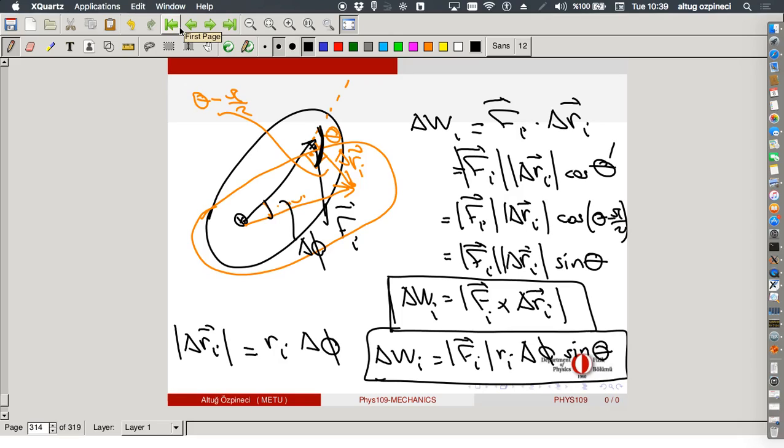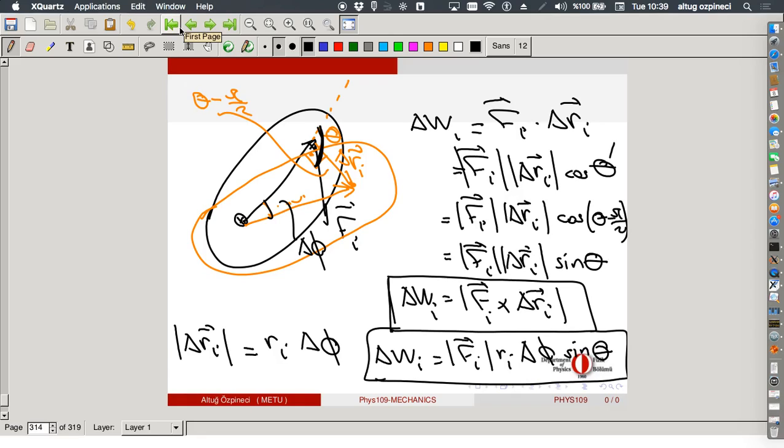I'm just studying one force acting on my rigid object, let's say at this point, and that point is being displaced. So I'm calculating the work done by that force. I don't care whether it's moving linearly or not.